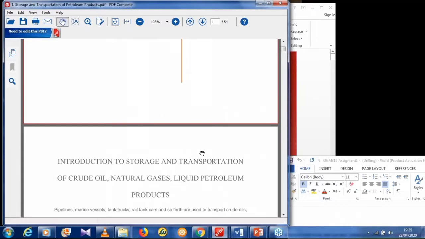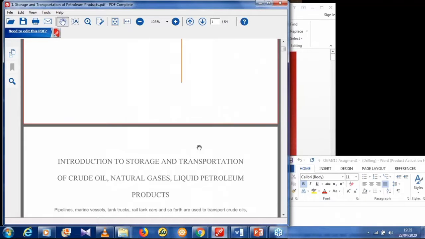Now, it means that transportation of crude oil or natural gases or liquid petroleum products starts from the point where it comes to the surface. What does this mean?